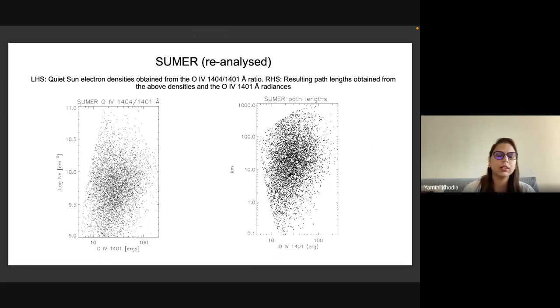The average density comes out to be around log Ne equals 9.8, and there is a huge scatter. The average path length comes to around 10 kilometers, which is the higher end of what Dere et al. had reported. The huge scatter has also been observed in a lot of earlier observations.